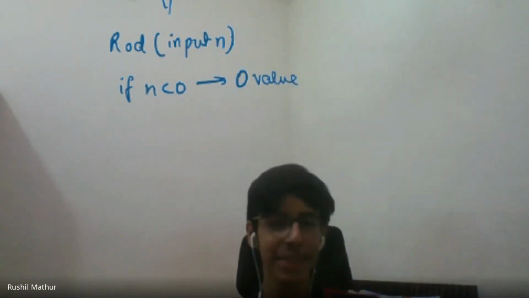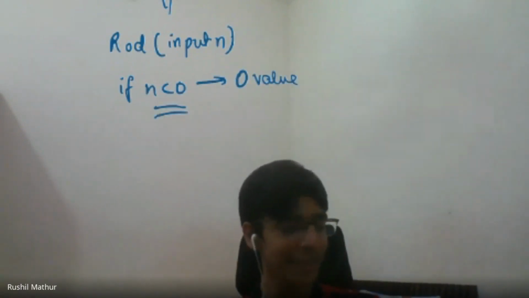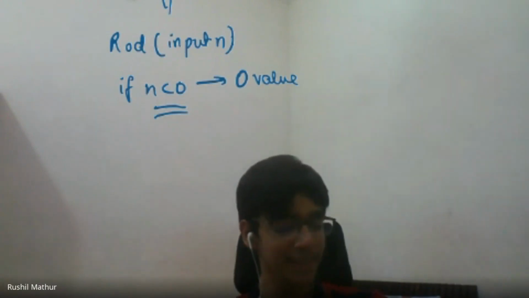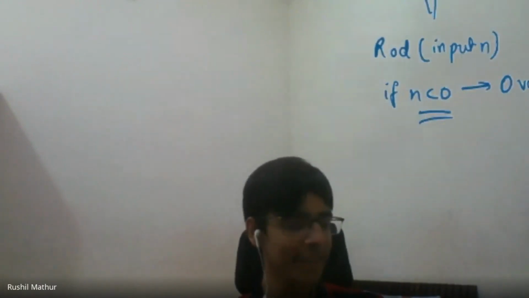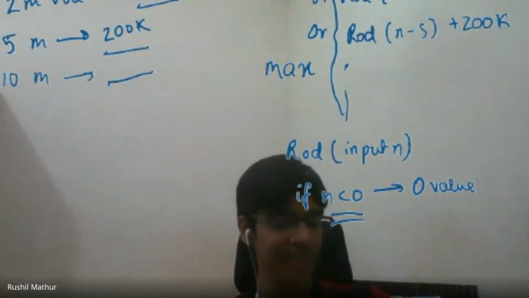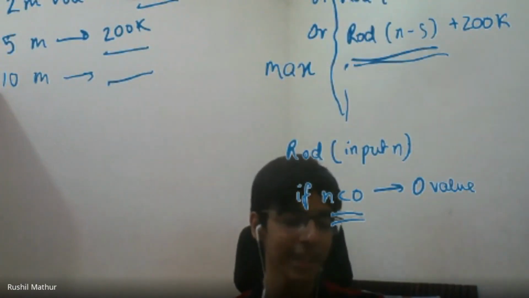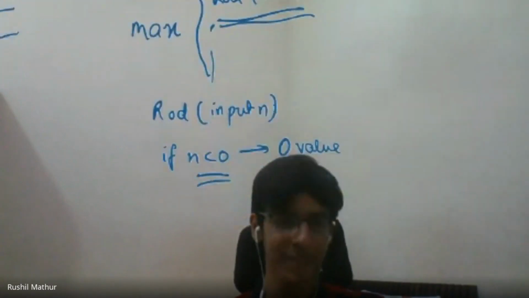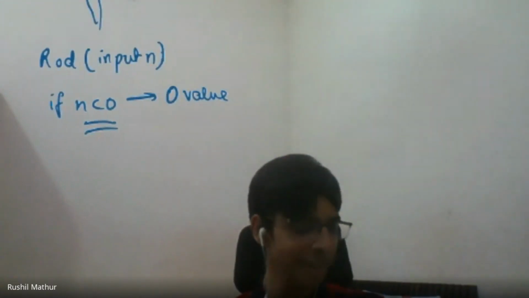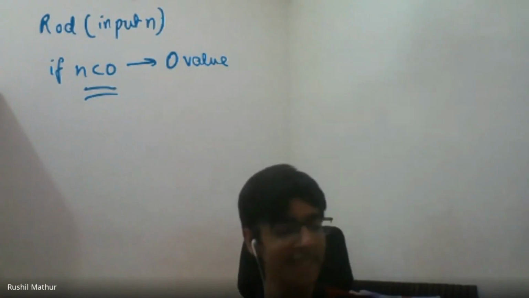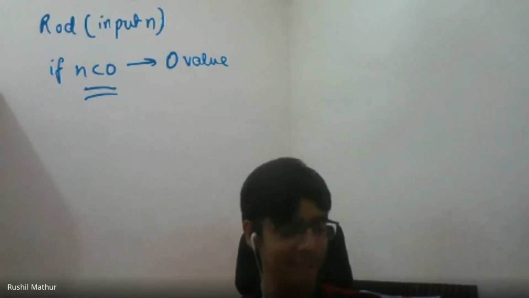The reason is, what if the original length is 4 and you were trying to subtract 5 from it? Here we did n minus 5, but this would also require n minus 5 to be positive. So if it's anything less than or equal to 0, it's 0 value.